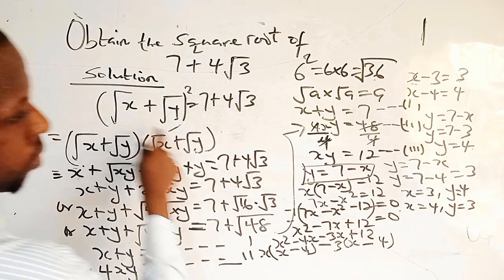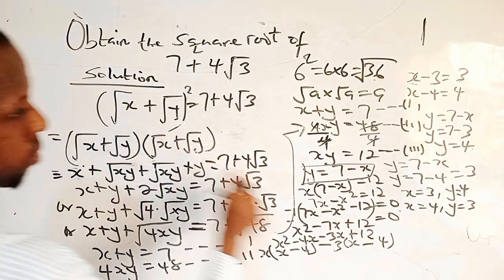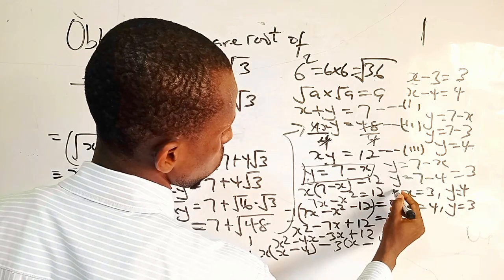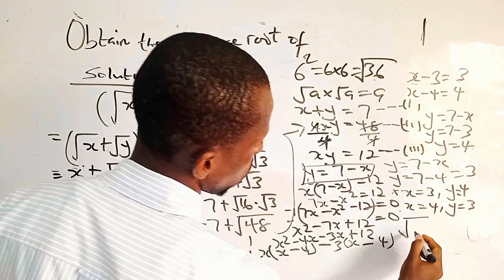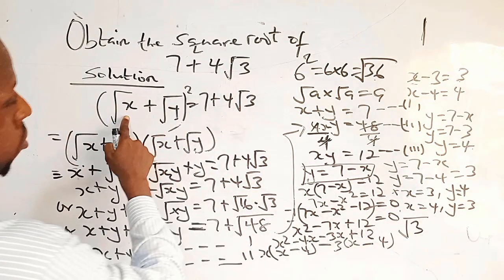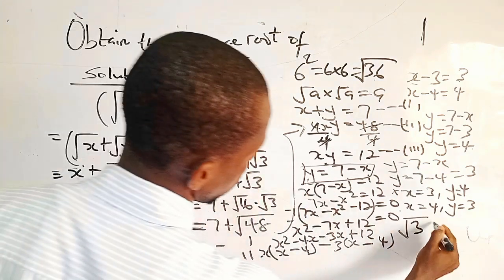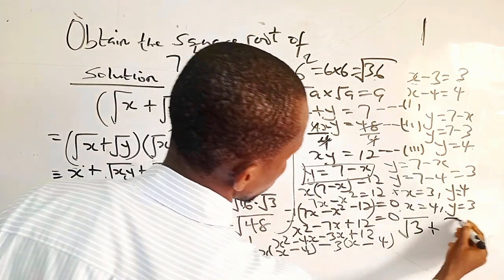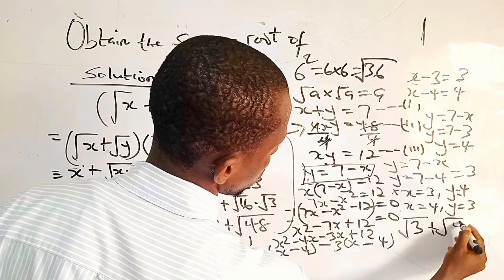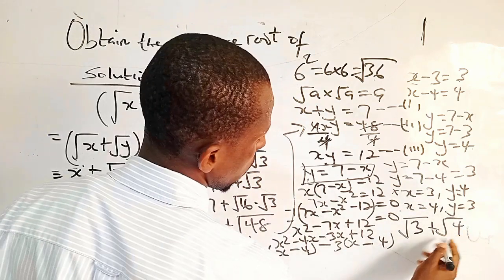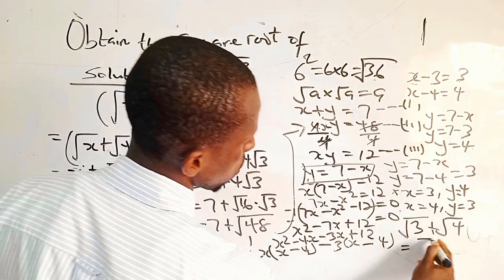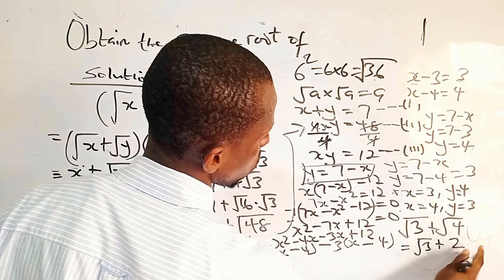So coming back to my assumption, let me go with the first one. Root of x, that is root 3, plus root of y, which is 4 in this case, so root 3 plus 2.